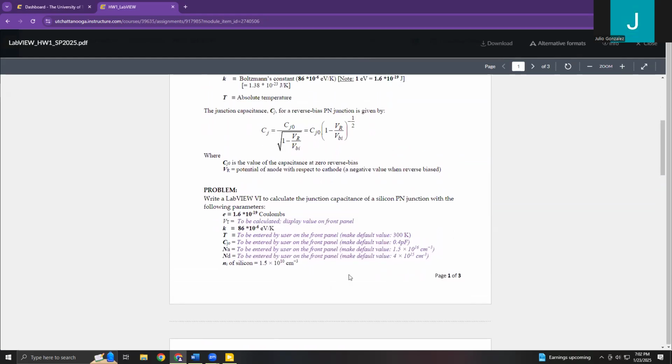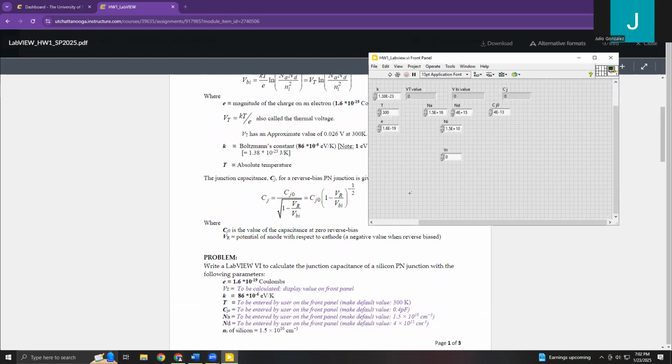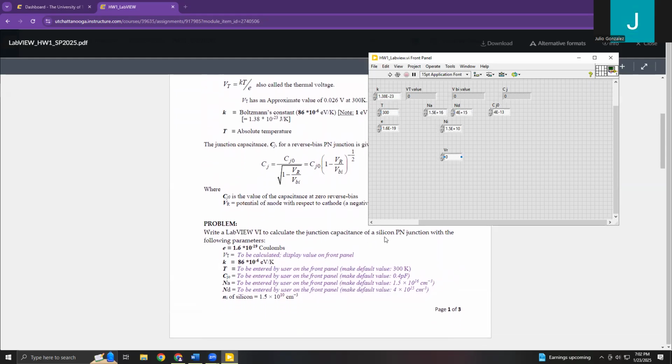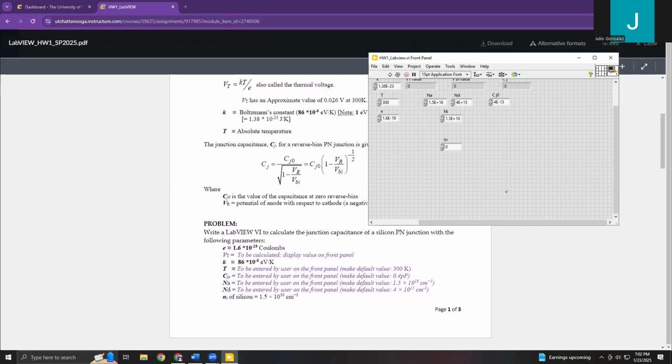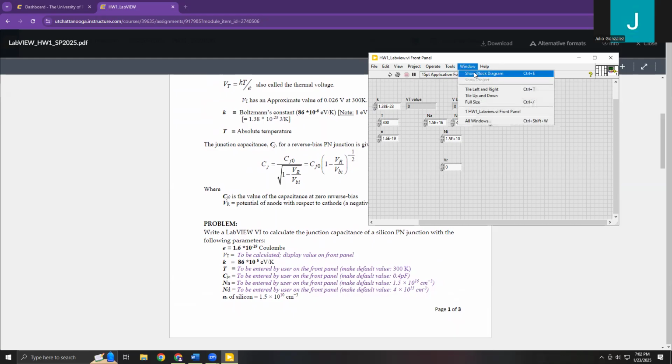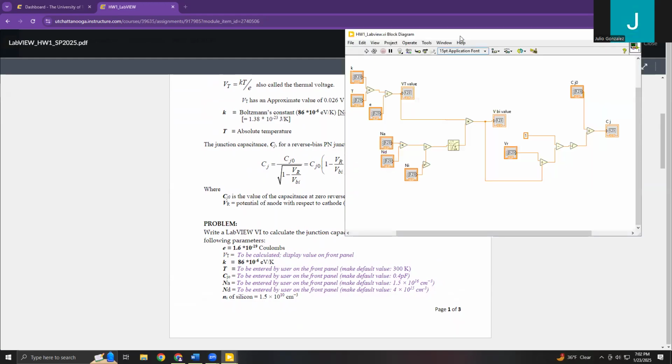So these are all my parameters, and they've been entered accordingly into my front panel. My front panel just shows you the surface level of the program, and underneath it is the block diagram.